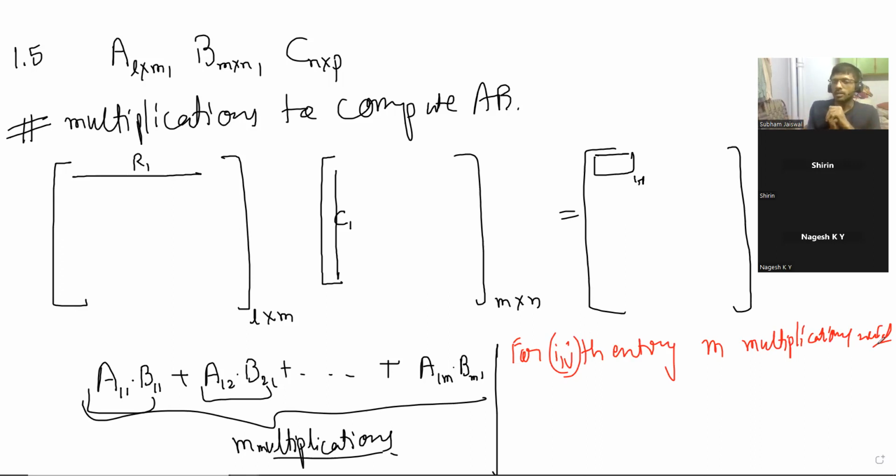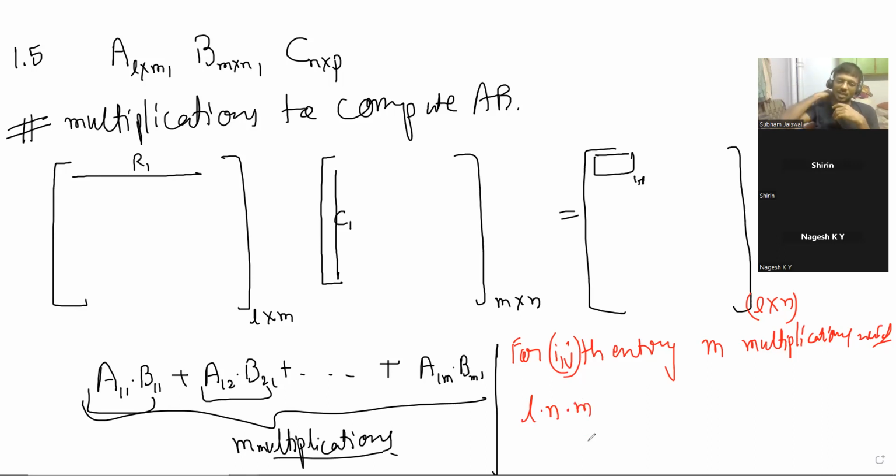Just the number of entries, L into N, times M. Yes, right. Because there are L times N entries. This dimension is L cross N. So that many entries are there. So number of entries is also L times N. So L into N into M. It's a nice answer, right?